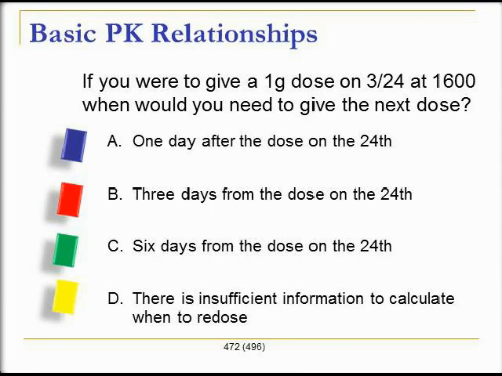In other words, to make sure that the concentration doesn't go below 10 to 15. 1 day after the dose on the 24th, 3 days from the dose on the 24th, 6 days from the dose on the 24th, or there is insufficient information to calculate when to redose. So think about that. We have some colors coming up.